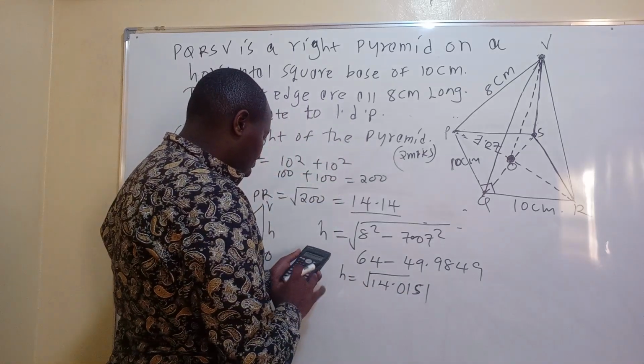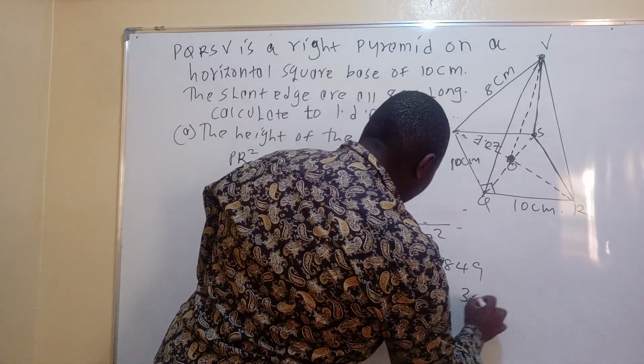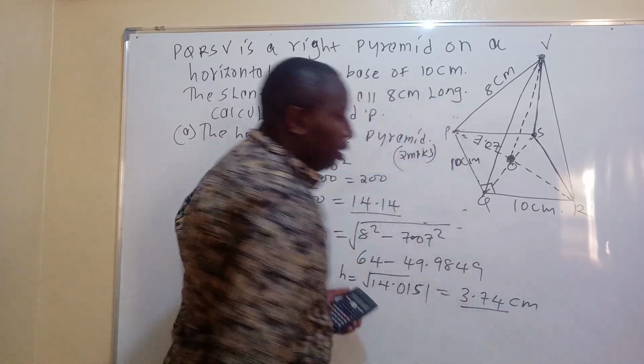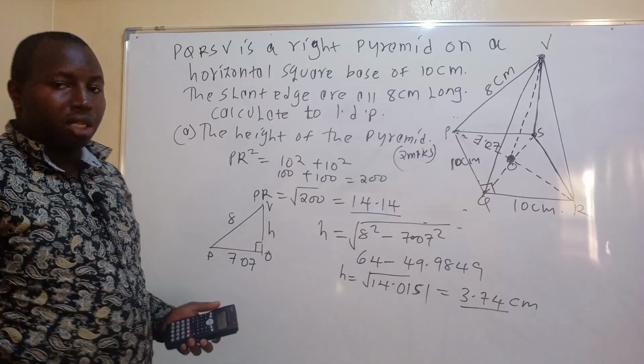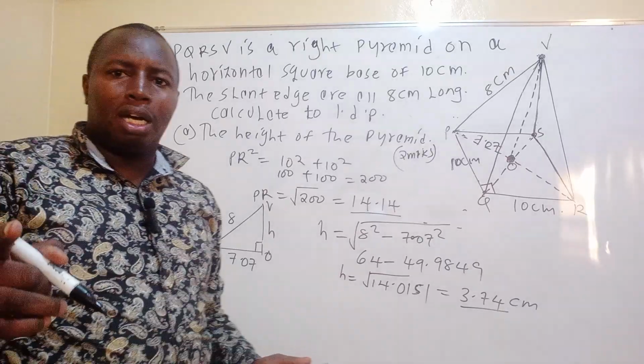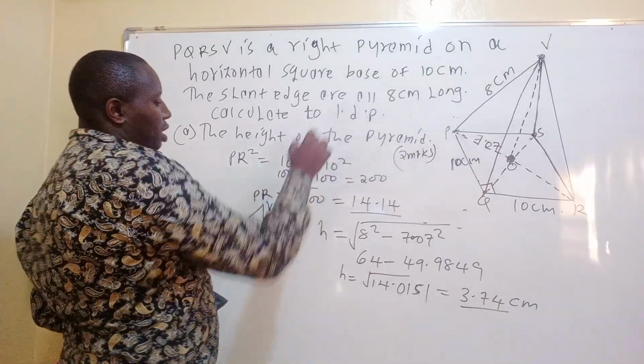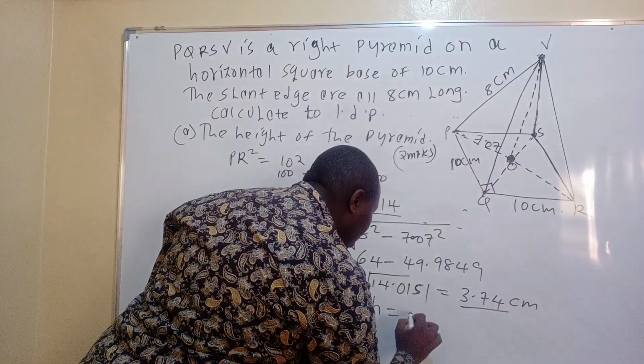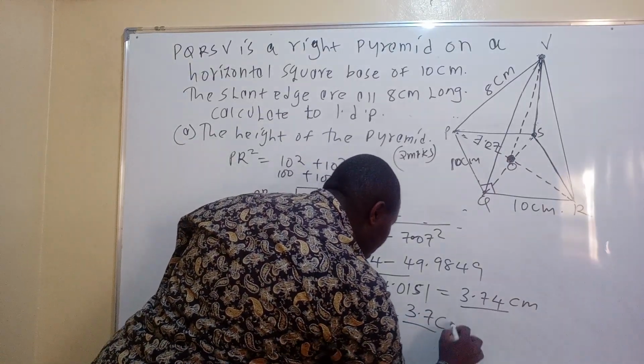Then you find the square root, which becomes 3.74 centimeters. But because the examiner said to give your answer to 1 decimal place, the height is 3.7 centimeters.